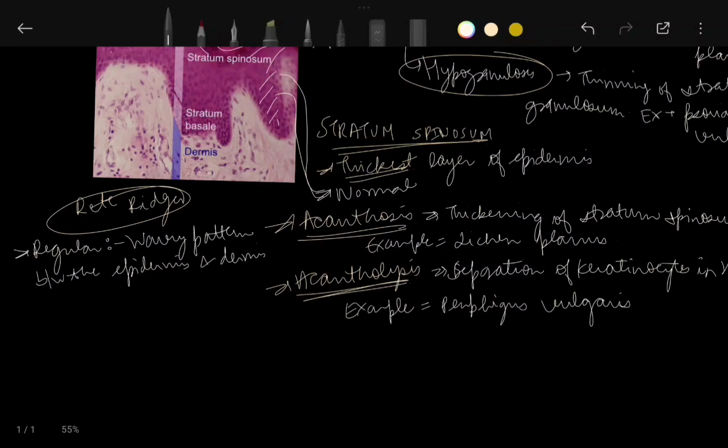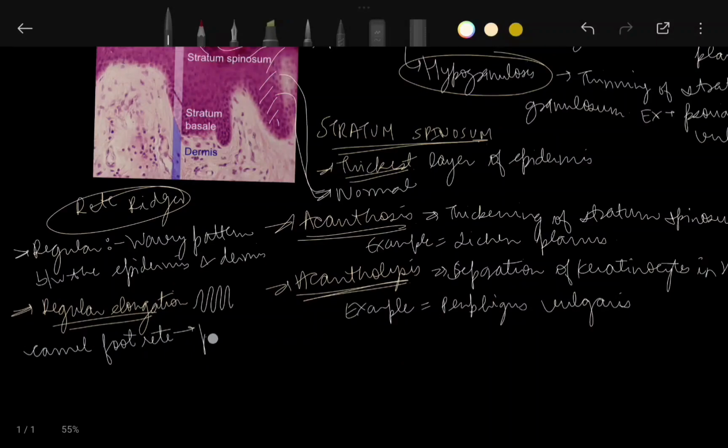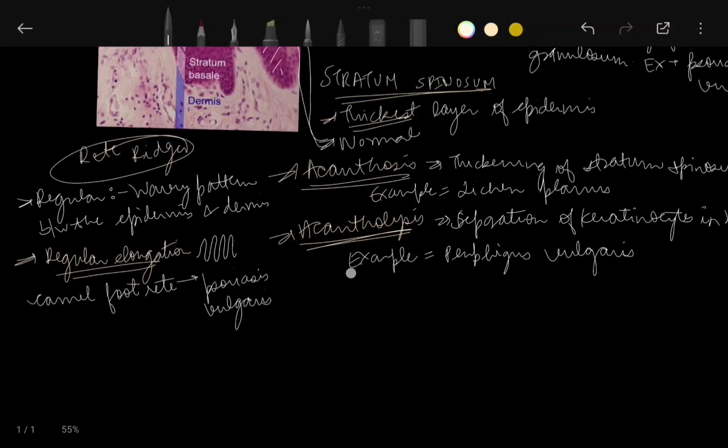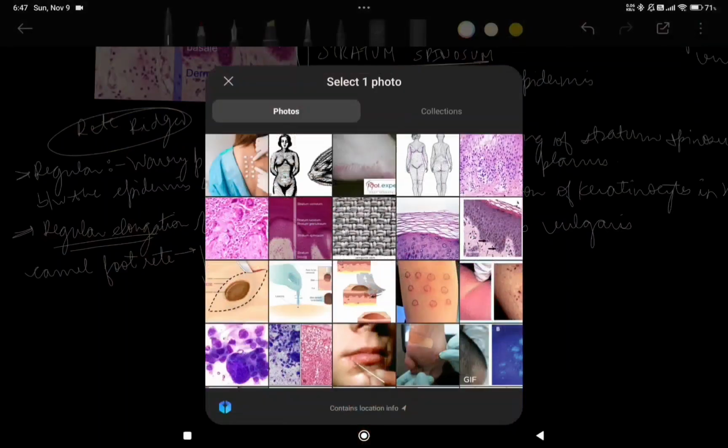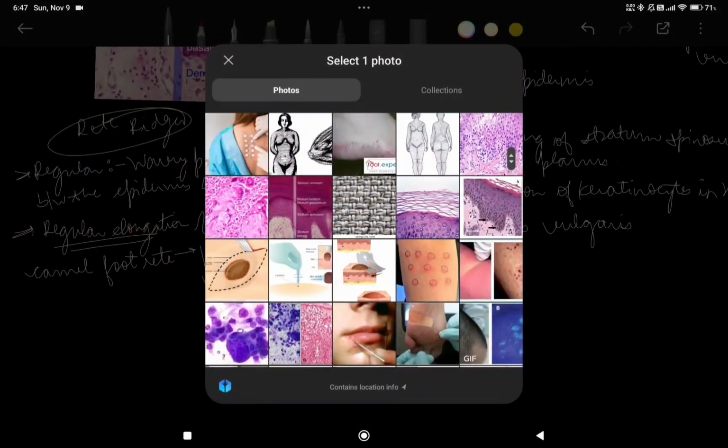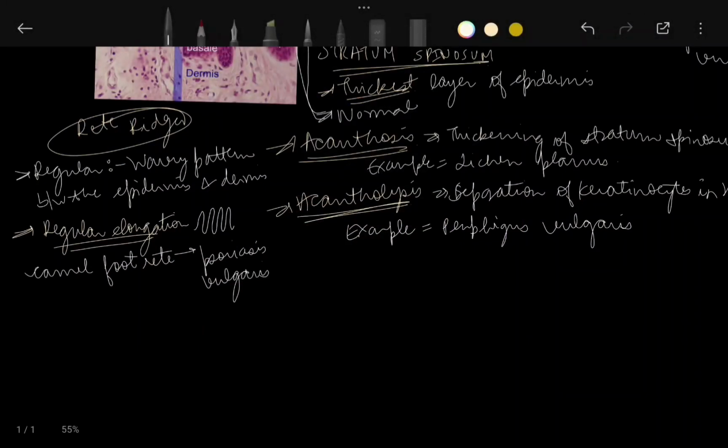And regular elongation is seen in camel foot rete, that is psoriasis vulgaris. I don't have the image of rete ridges; we saw it in a previous video.